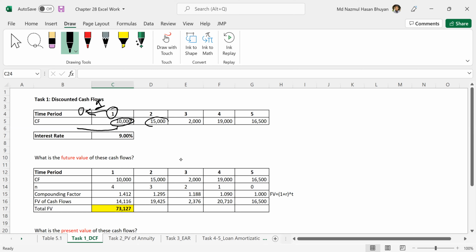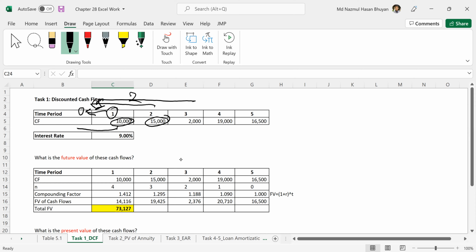Likewise, you're going to receive this $15,000 at the end of year number 2. And you want to take the value of this $15,000 from the end of year number 2 to year number 0. So what is the time gap between 0 and 2? 2. So you have to discount this $15,000 for 2 periods.